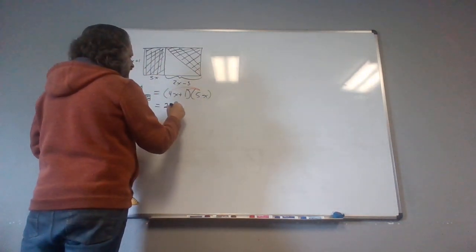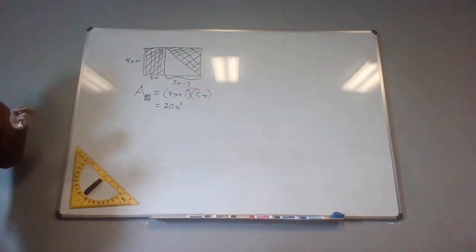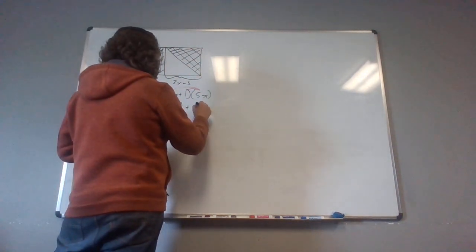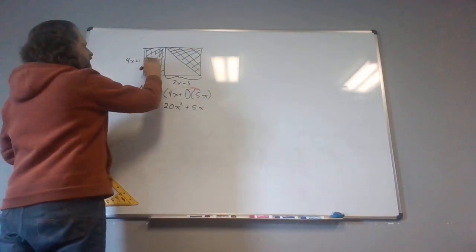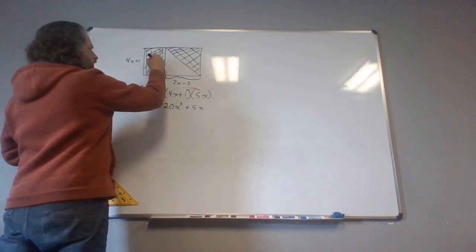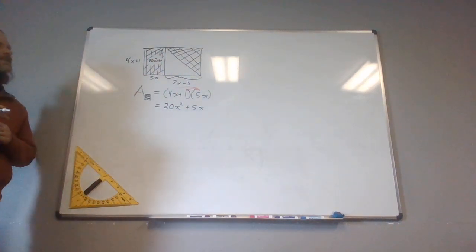So 20x squared. And then what's 5x times 1? 5x. So that's this area right here: 20x squared plus 5x. That gives us that first little shaded one.